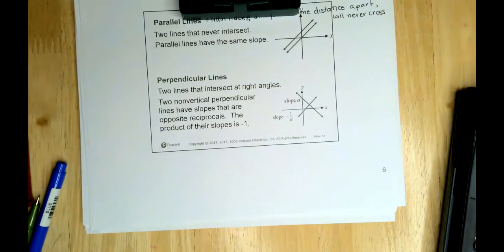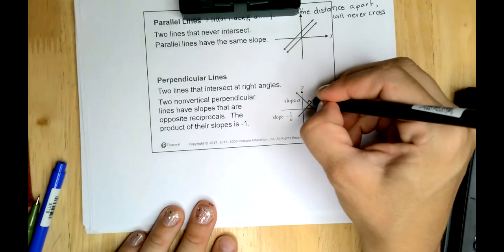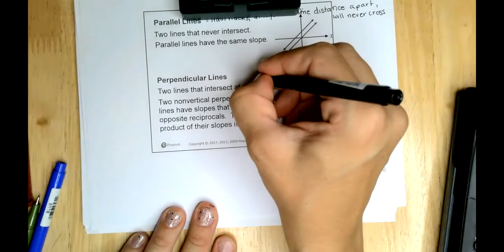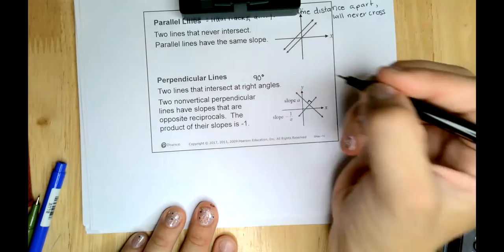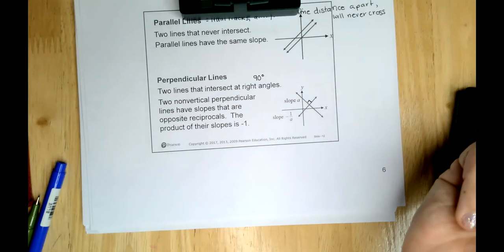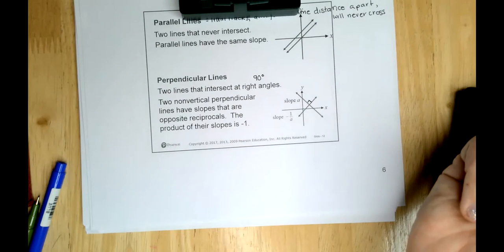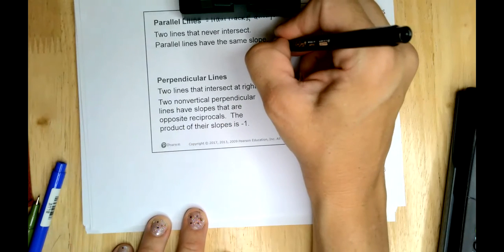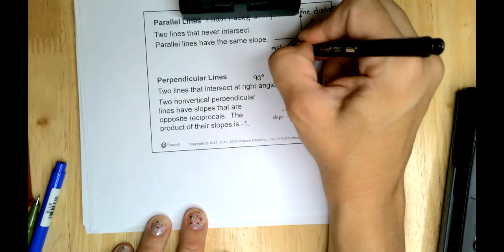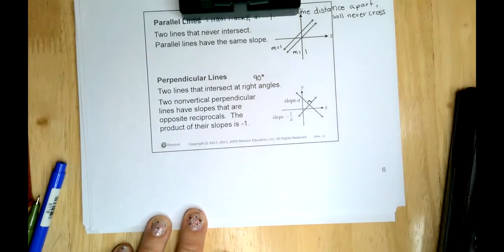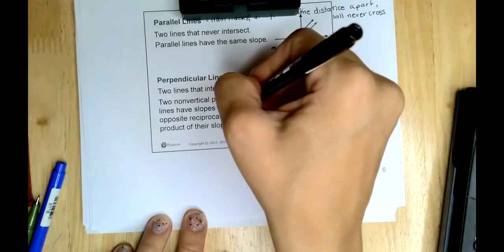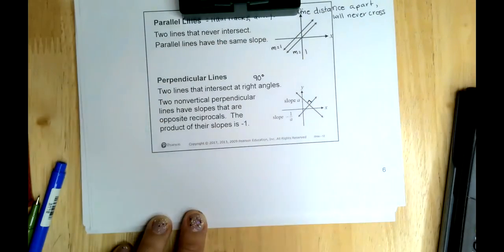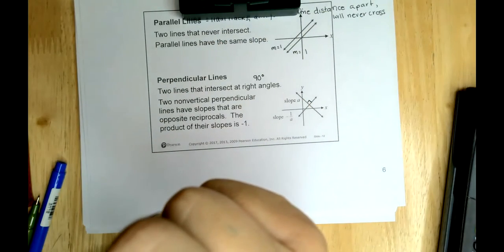Perpendicular lines are two lines that intersect at a right angle, a 90-degree angle. Non-vertical perpendicular lines have slopes that are opposite reciprocals.